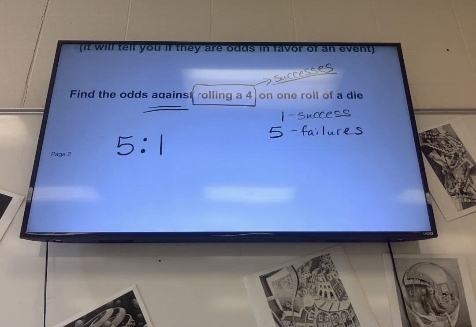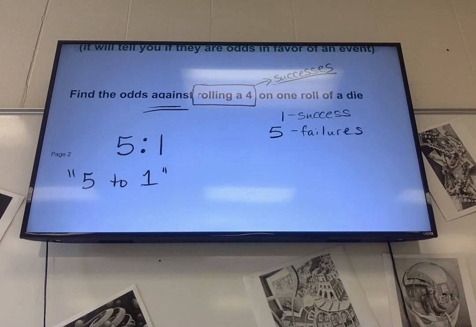So we write it like that, and you read it 5 to 1. So the odds against rolling a 4 are 5 to 1. It means you're 5 times as likely not to roll a 4. Kind of makes sense?